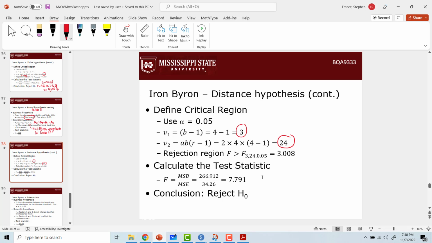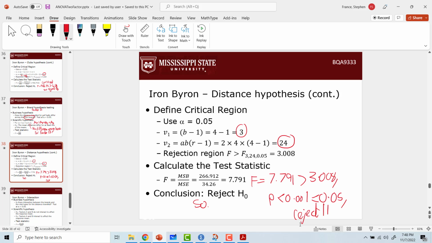So we can write F equals 7.791, which is greater than 3.008. So reject H0. And looking at SPSS, we have P is less than 0.01, which is obviously less than 0.05. So again, reject H0.